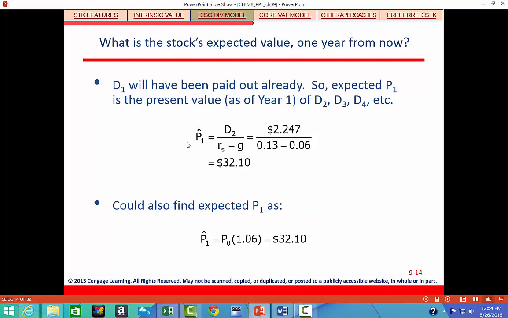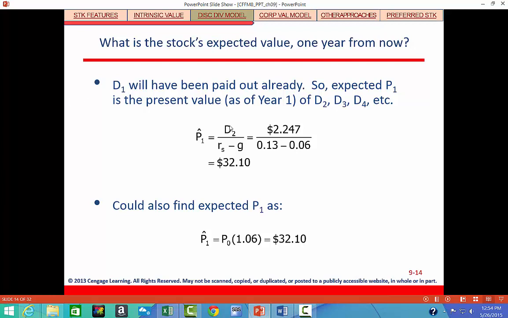Or you could look at this method. The way that you get an estimated price in the future is if this is P1, then you need D2 in the numerator. If this was P2, you would need D3. So this is like the estimated price of the stock at time 1.